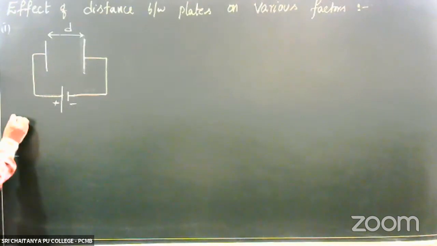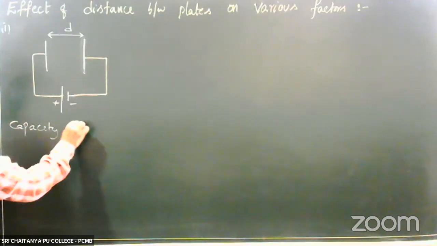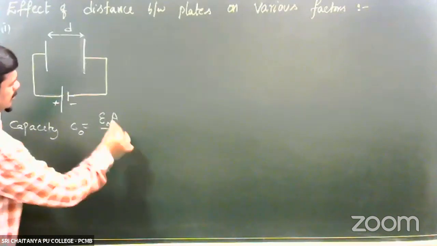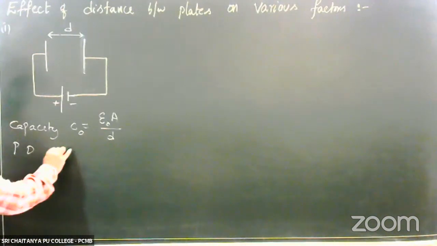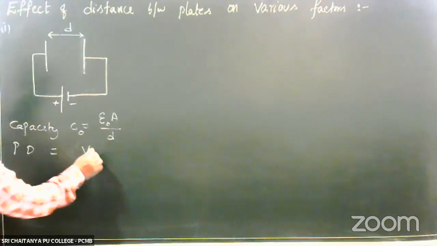Initial case: capacity C naught equals epsilon naught A by D. Potential difference is V naught.